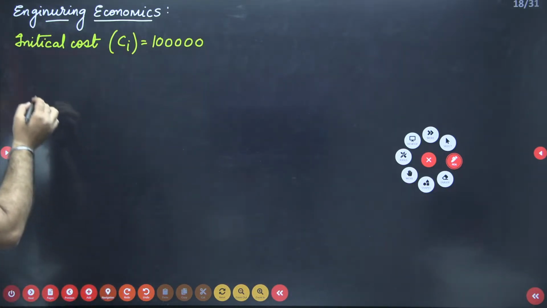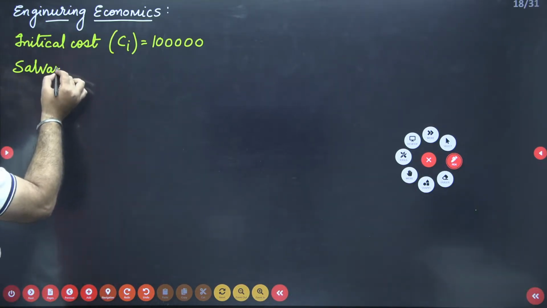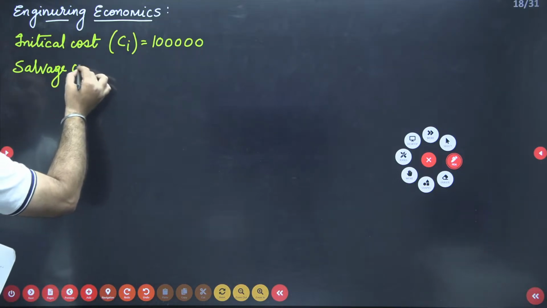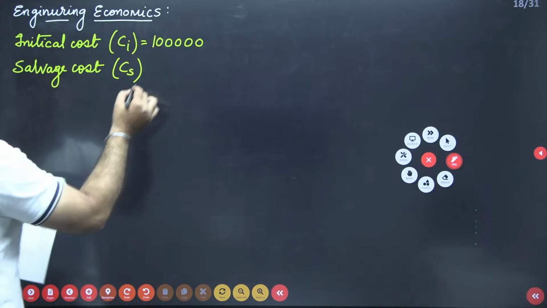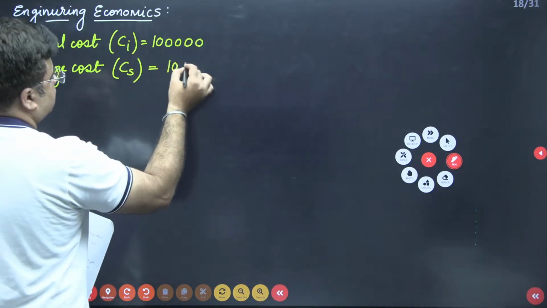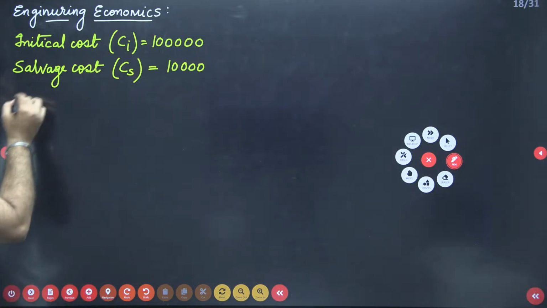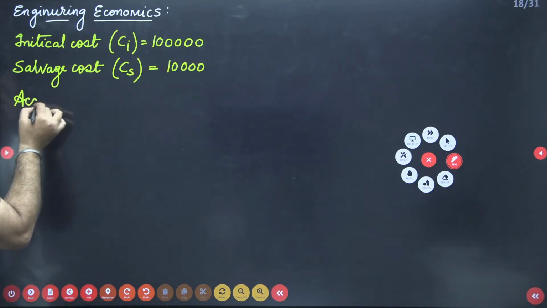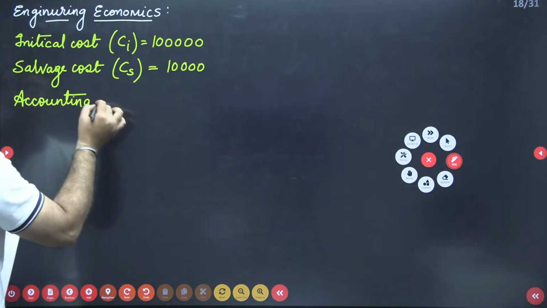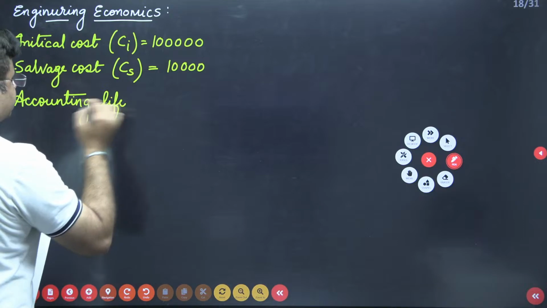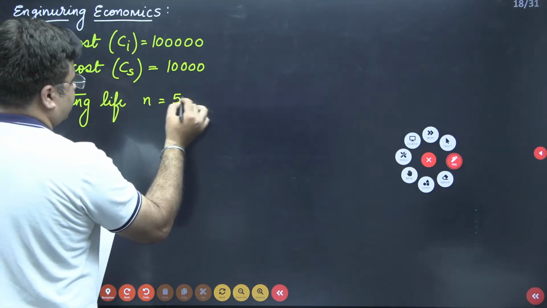Then you have the salvage cost CS. This is equal to 10,000. Then you have accounting life, N is equal to 5 years.